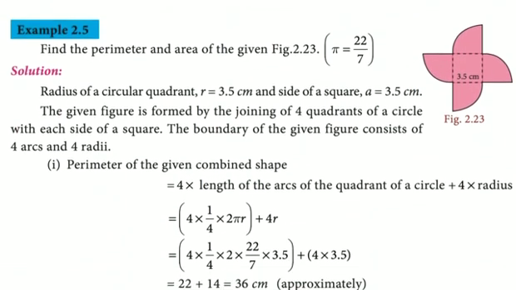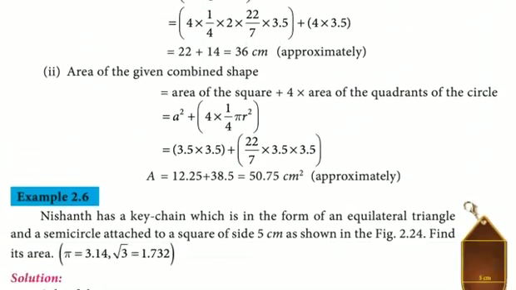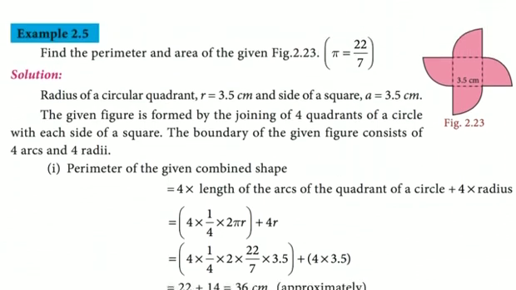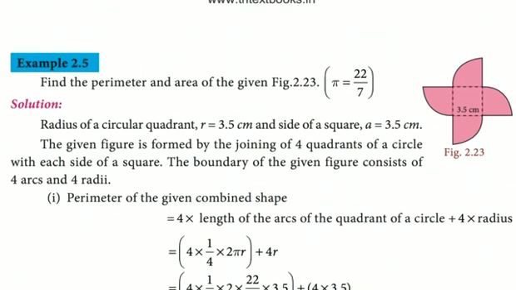Find the perimeter and area of the given figure 2.23. Where is the figure? Let's find the figure first. Yeah, this is the figure. It looked like a symbol.